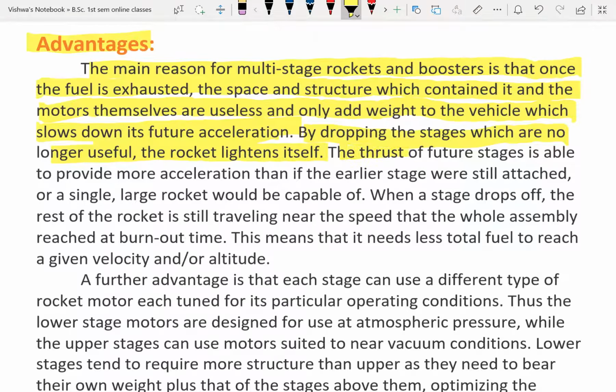The thrust of the future stage is able to provide more acceleration than a single large rocket would be capable of. When a stage drops off, the rest of the rocket is still traveling near the speed of the whole assembly reached at burnout time. This means that it needs less total fuel to reach a given velocity or altitude.